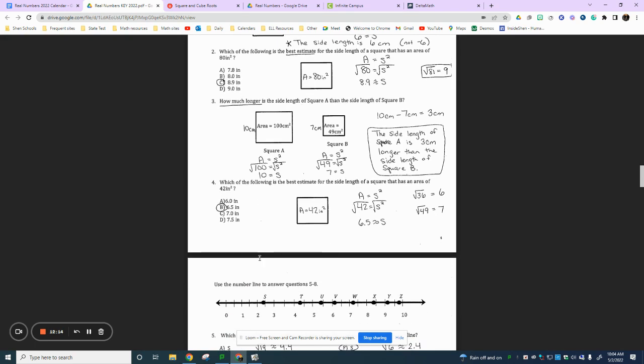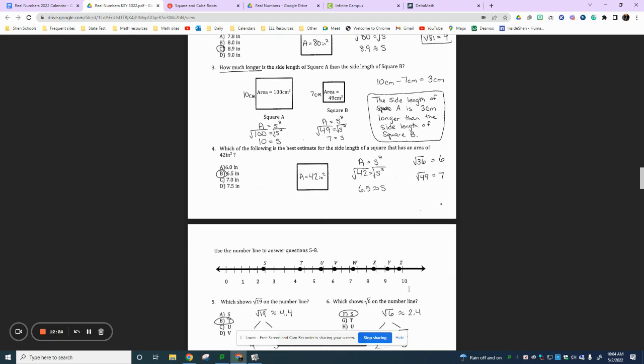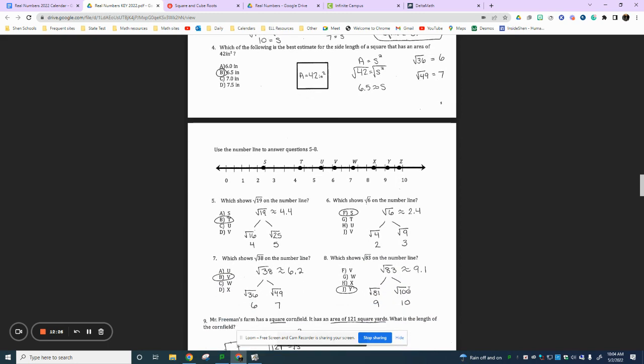Now, for questions 5 through 8, I would like you to use your calculator and estimate these on the number line. Pause the video, and then we'll check your answers. So these are the answers. And notice that if I did not have my calculator, I could say, okay, the square root of 19 is between the square root of 16 and the square root of 25, which are perfect squares.